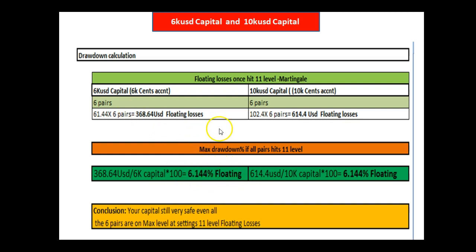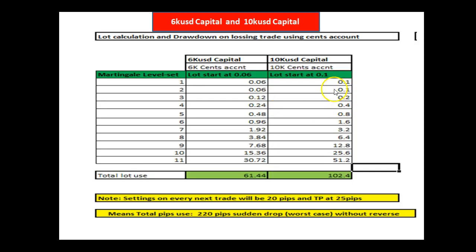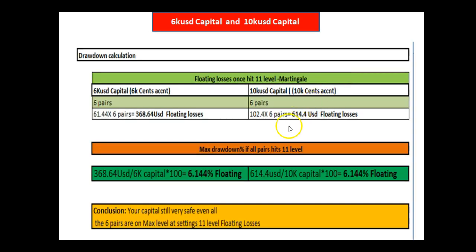All right, so if you go with your 10k capital here, we are still using a 10k cents account. You can use 6 pairs, but your lot size will start from 0.1, sorry, this is a 0.1 starting lot.